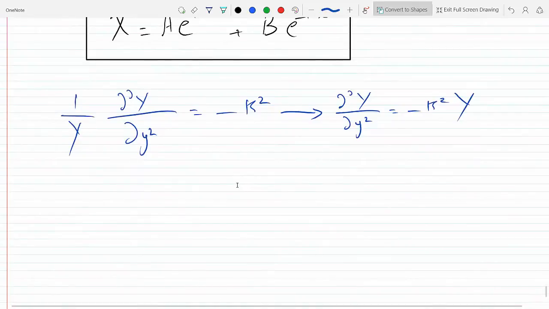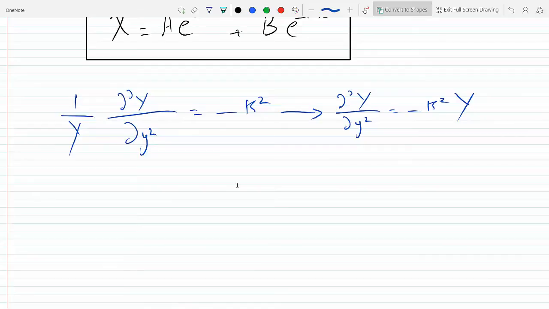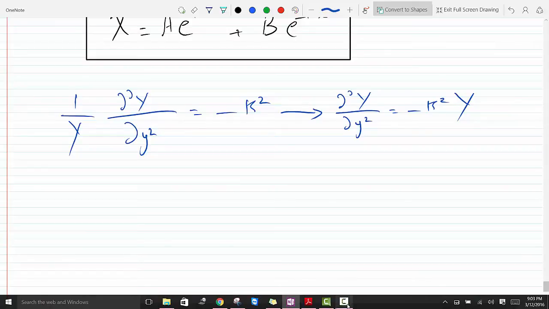Having said that, for the auxiliary equation, you could do the same thing I did. Assume solutions of e to the rx. 1 over y, d squared y plus k squared equals 0.